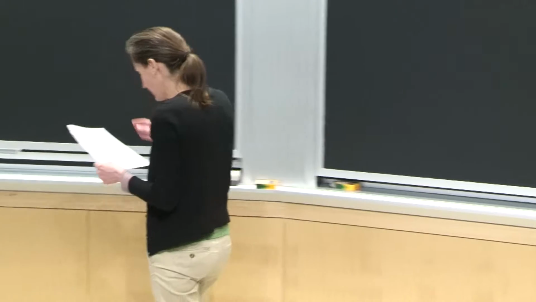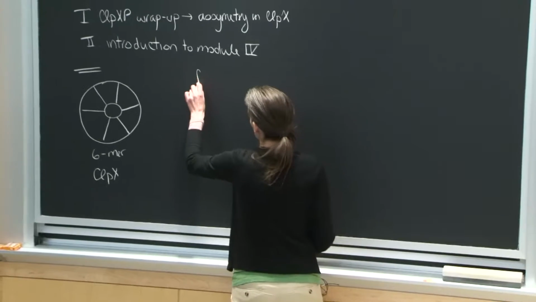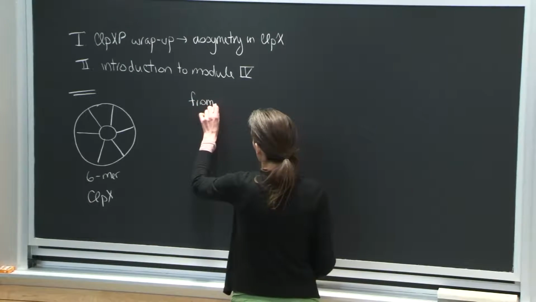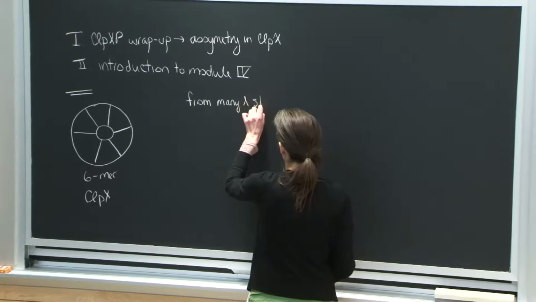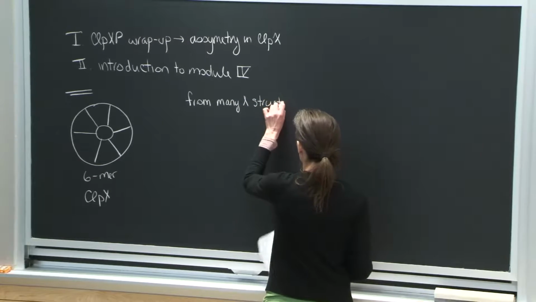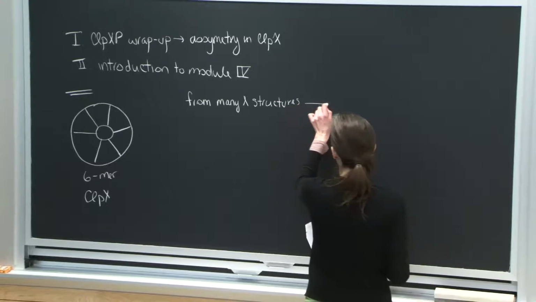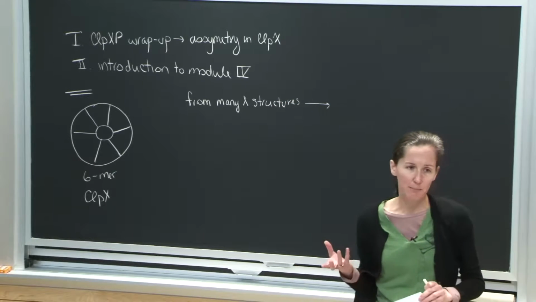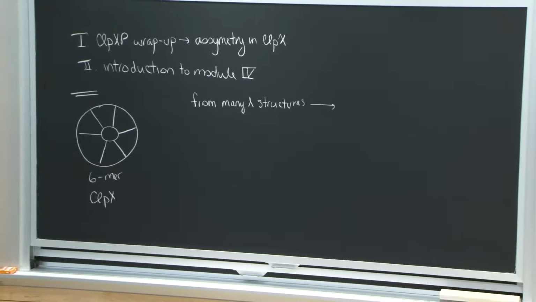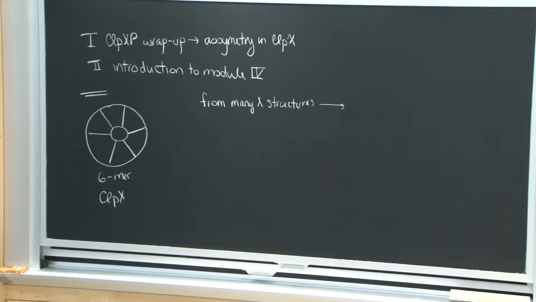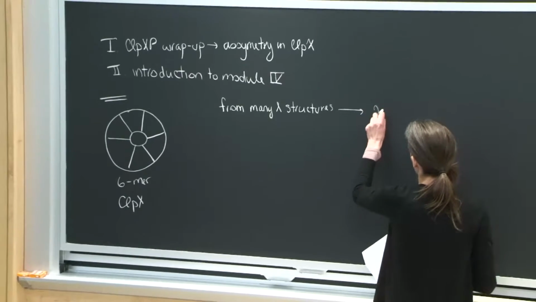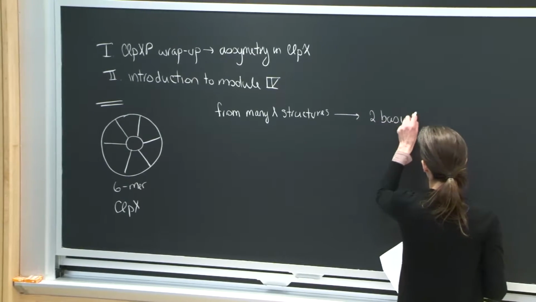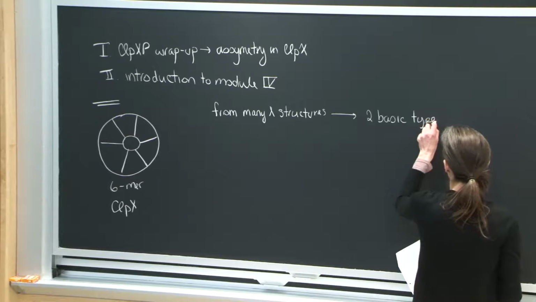And so basically, from looking at many different crystal structures, what can be done is that the ClpX subunits can be divided into 2 different types, based on conformation.